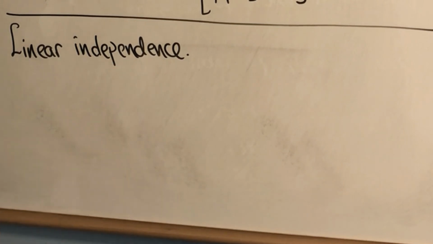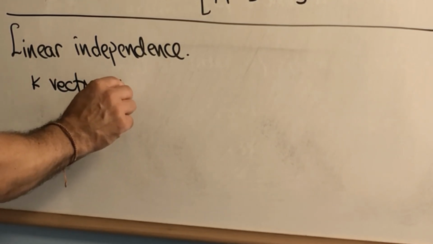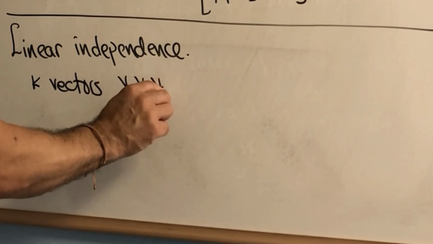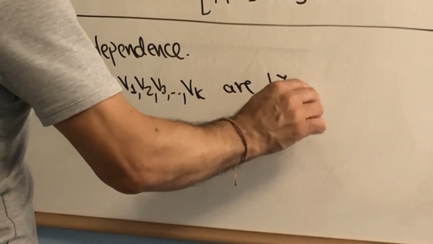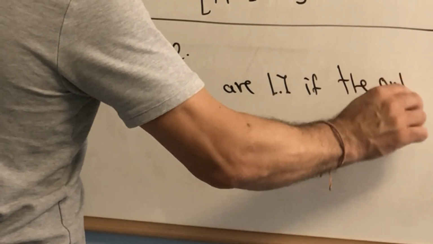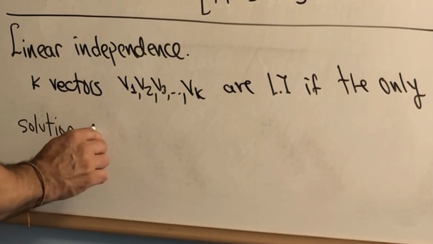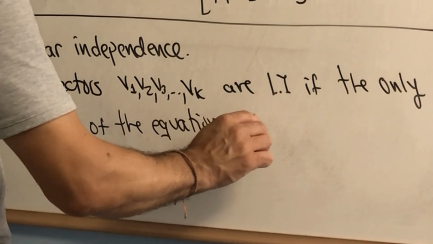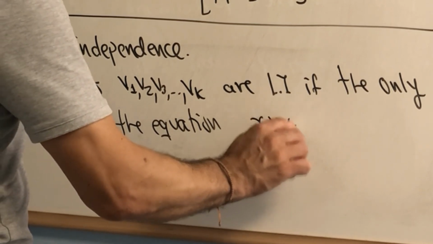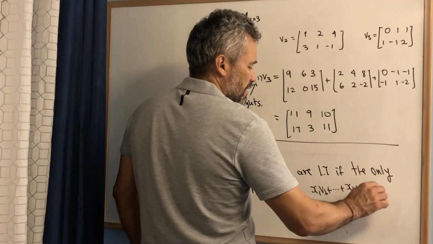The definition is that k vectors v1, v2, v3, up to vk are linearly independent if the only solution of the equation x1 v1 plus up to xk vk equal to the zero vector is the trivial one.